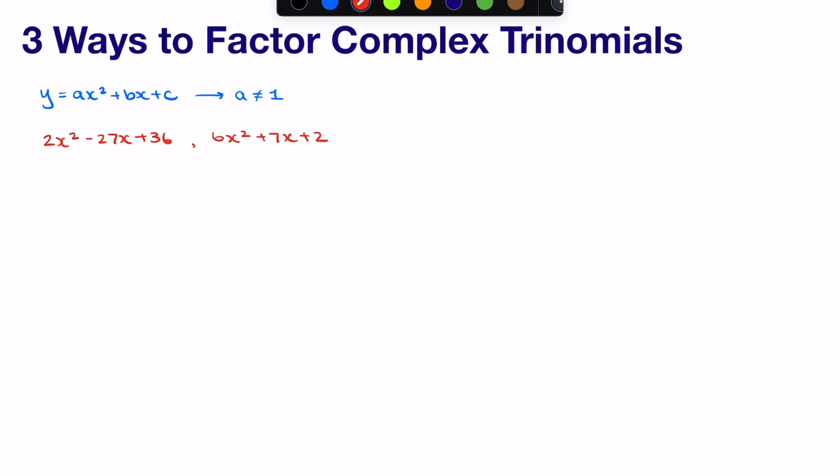Something that is unique about these complex trinomials is that you cannot factor out a common factor. So here, there is no greatest common factor. The greatest common factor cannot be factored out.